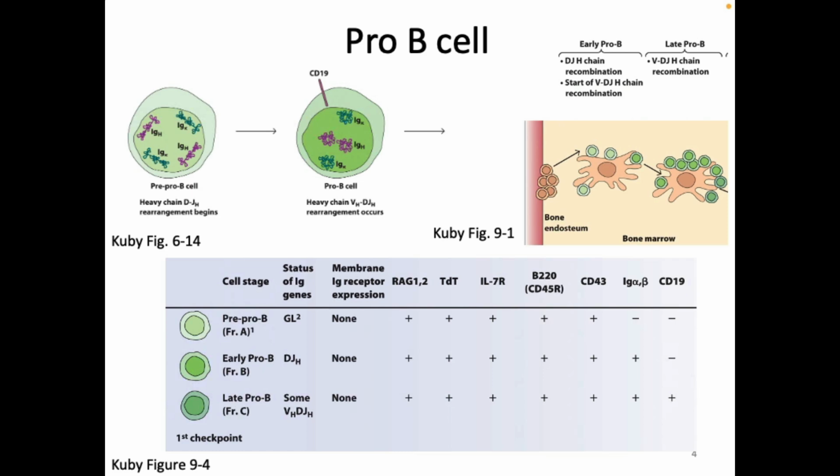The first event that the pro-B cell does is rearrange a D segment in the heavy chain locus to a J segment. So we're putting a D with a J on the heavy chain. And then the second thing that the pro-B cell does is it puts a V with the DJ that it has made.